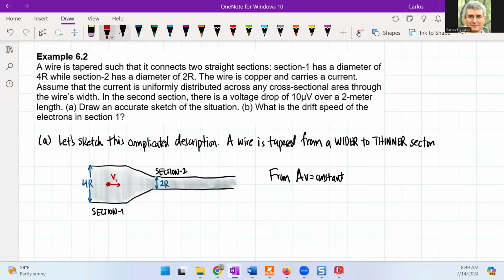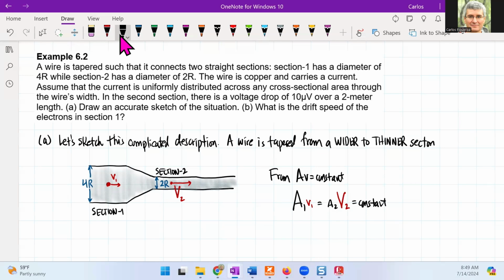So the area of 1 is big. That causes this drift speed to be smaller. So when I get to right here, that drift speed has to be larger, in order to keep this equal to a constant. So we know the drift speeds have to change.